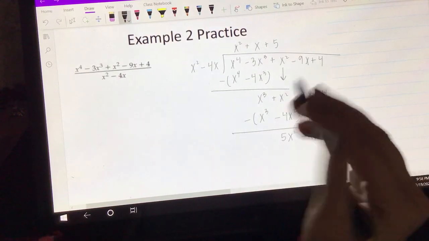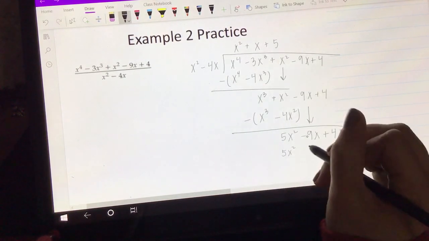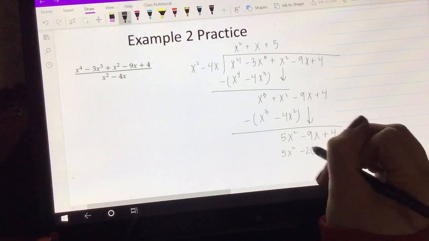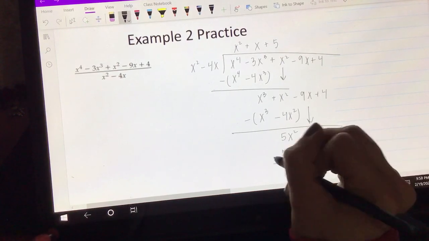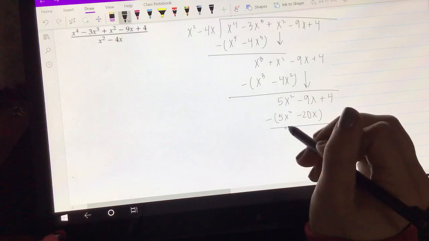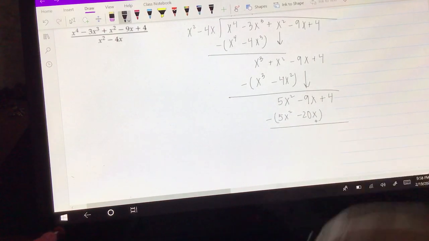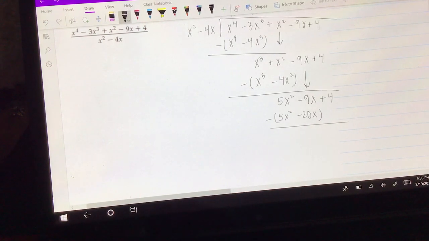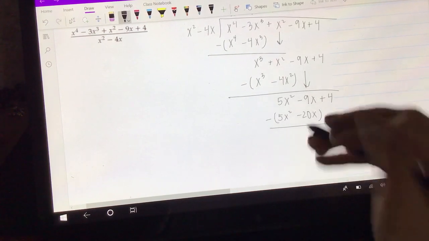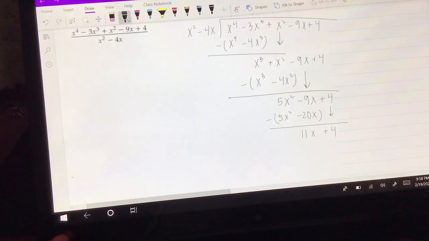Multiply 5 times x squared. 5x squared. 5 times negative 4x is negative 20x. Subtract. Okay, that cancels. That's good. Negative 9x plus 20x, because it's a minus a negative. So let's see, that gives us positive 11x. Bring down our plus 4.